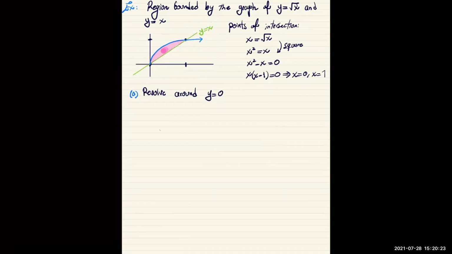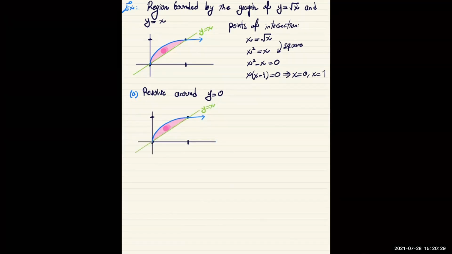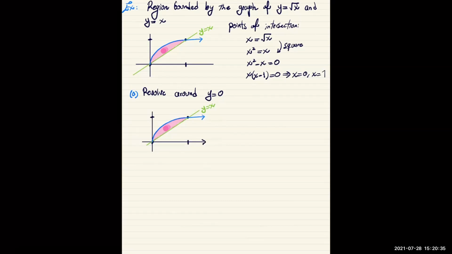A great thing about doing stuff on a tablet is that you can just copy and paste. You don't have to redraw. Okay, so this is the axis of revolution. Equation is y equal to 0. I label things, guys. I always label things.